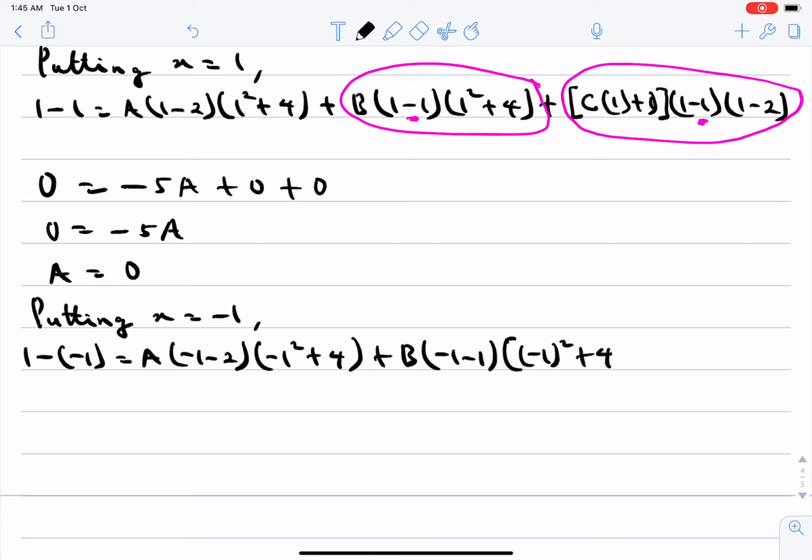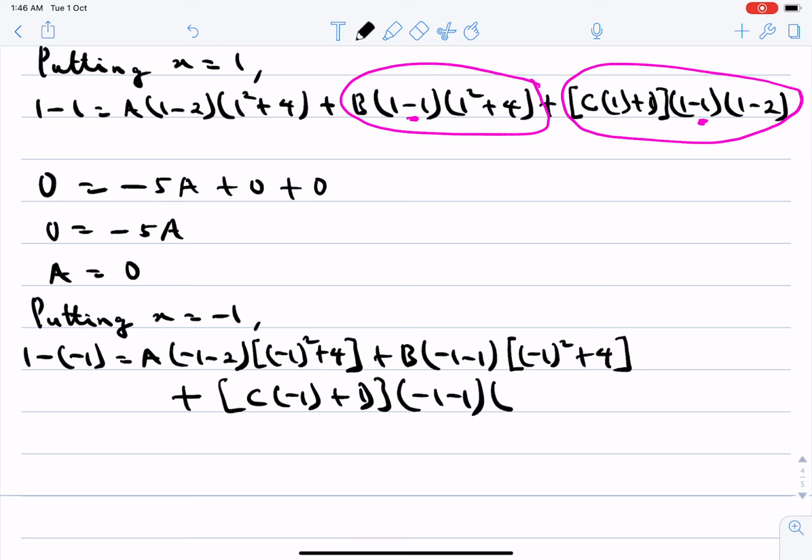Minus 1 squared plus 4. And these two times minus 1 squared plus 4. Yeah, plus c times minus 1 plus d times minus 1 minus 1 times minus 1 minus 2.